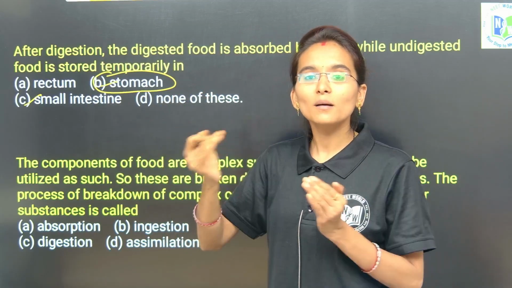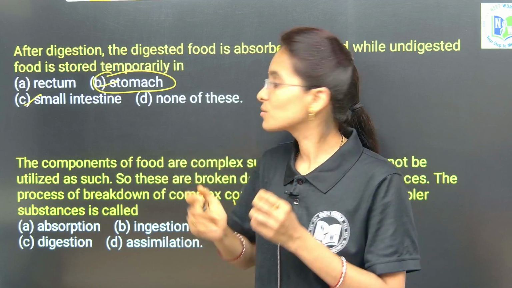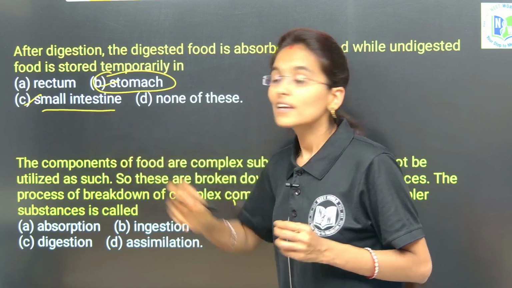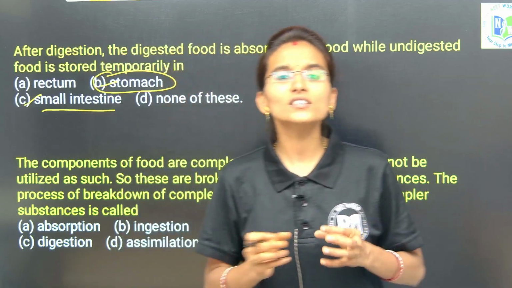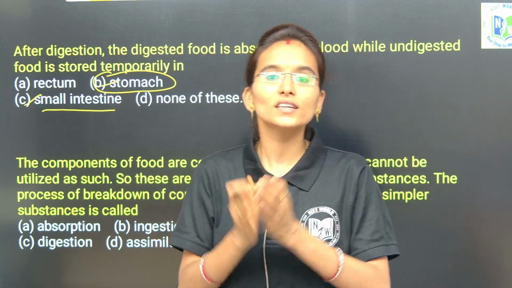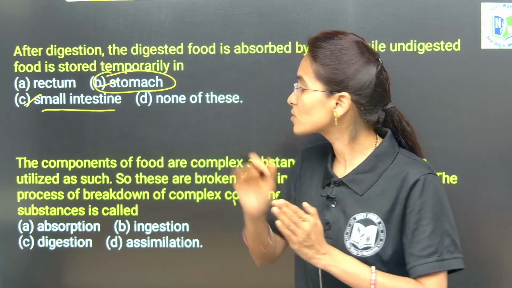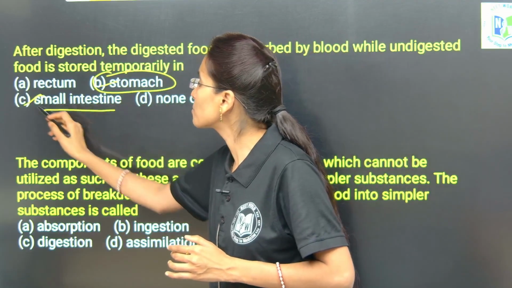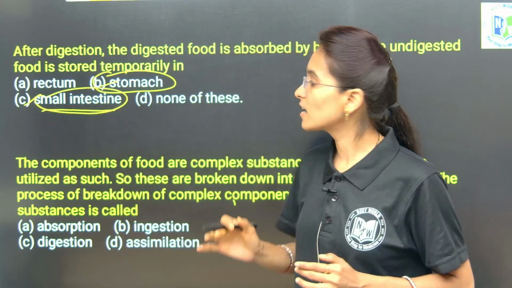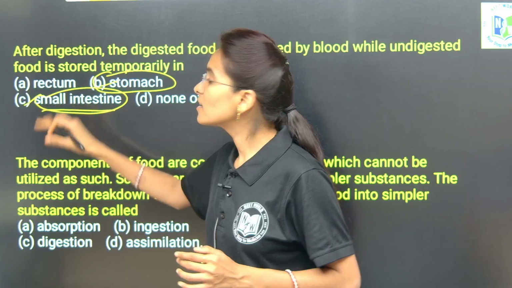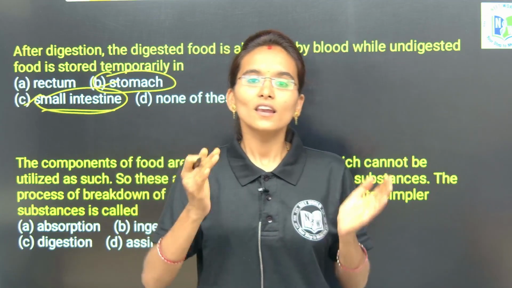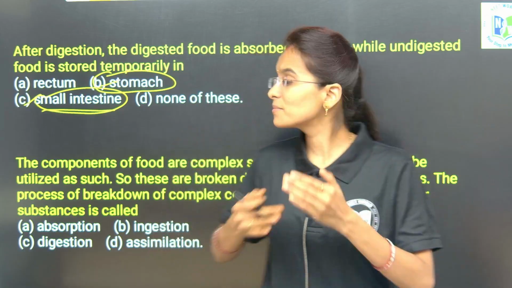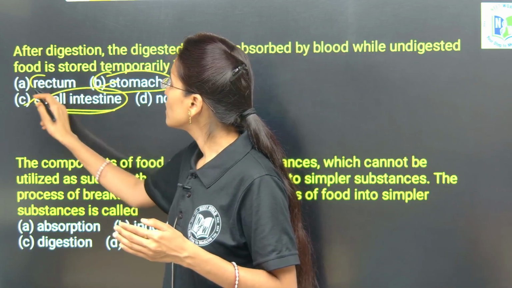But from the stomach the food is passed into the small intestine. In the small intestine, the finger-like projections called villi increase the surface area for the digestion process. So the complete digestion takes place in the small intestine only. From here, the undigested food later moves towards the large intestine, and then it is stored in the rectum.